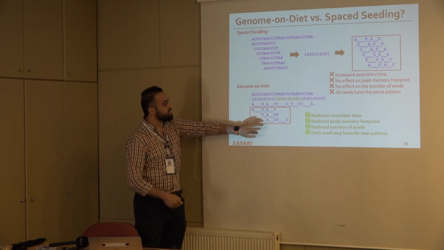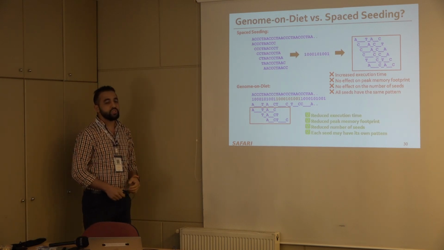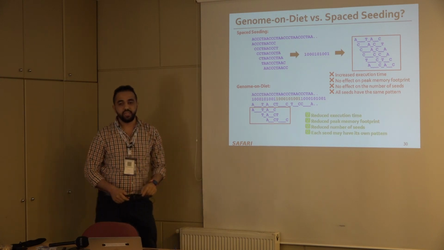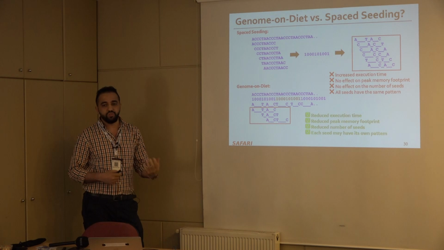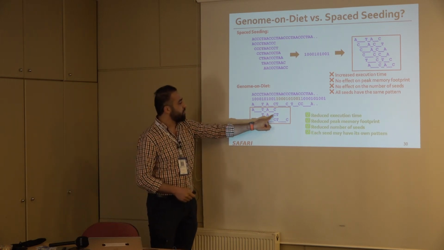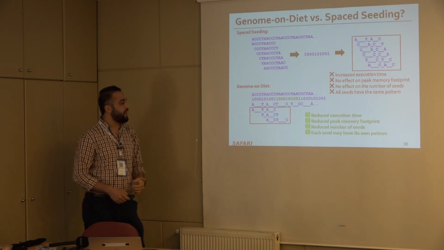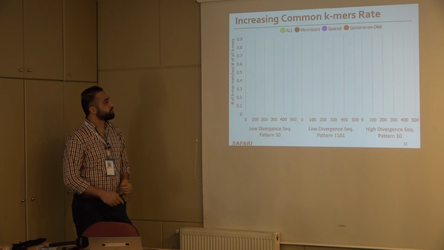So each seed has its own pattern. Now, why is this important, why should we care about those unique patterns for each seed? That's going to increase the sensitivity because we cannot guarantee where the mismatches are located. They could happen anywhere within the seed. So having multiple patterns is going to increase the sensitivity, as we show next.